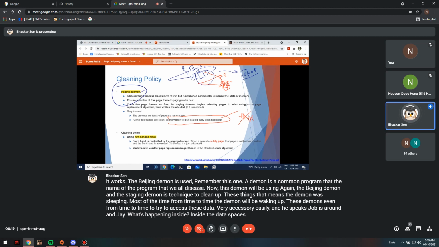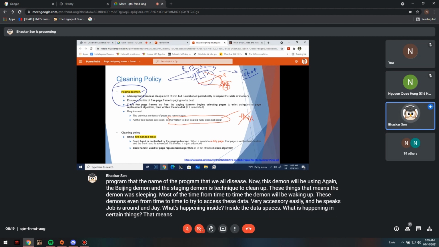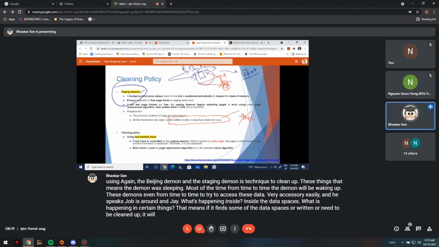If it finds some of the data spaces are overwritten or need to be cleaned up, it will clean it up.